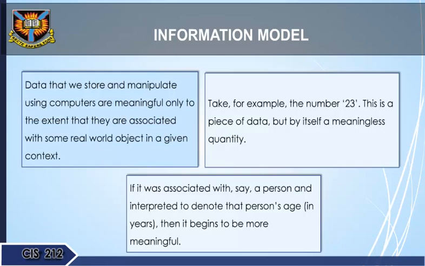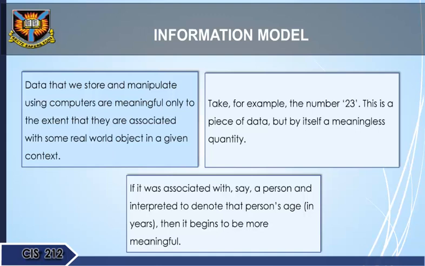Data that we store and manipulate using computers are meaningful only to the extent that they are associated with some real-world object in a given context. Take, for example, the number 23. This is a piece of data, but by itself a meaningless quantity.